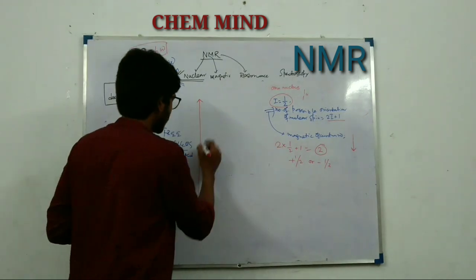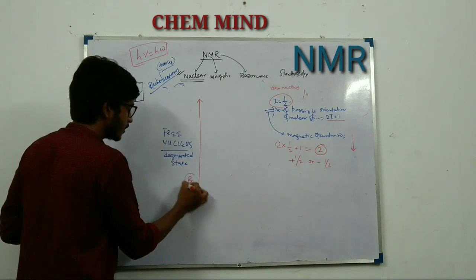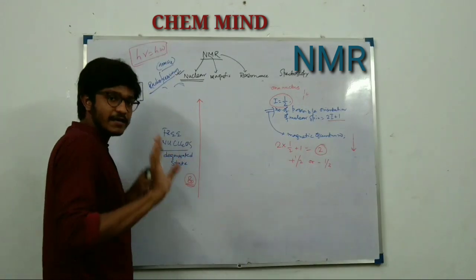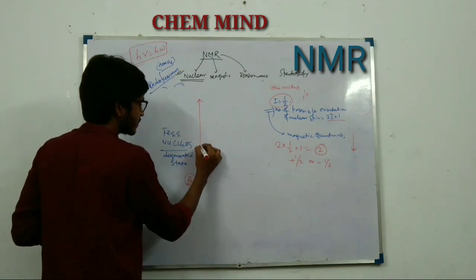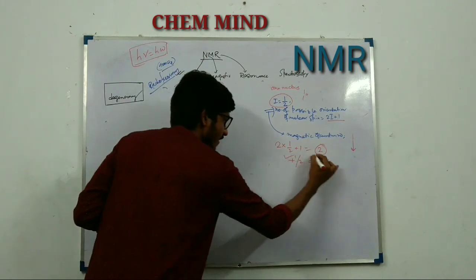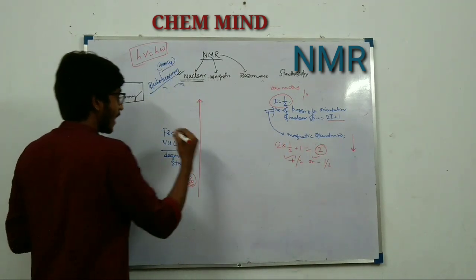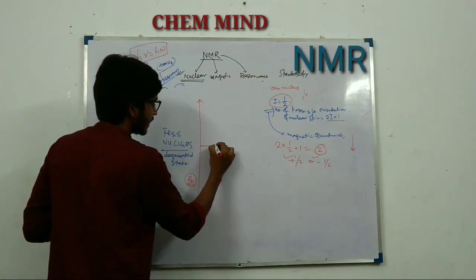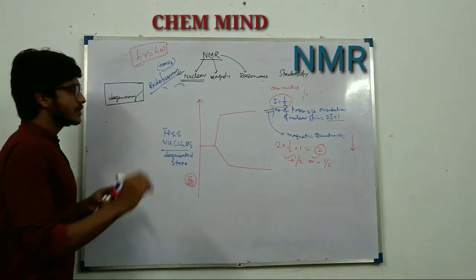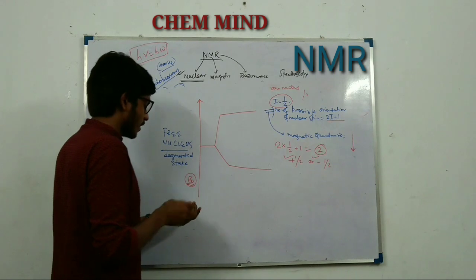If you put an external applied magnetic field, then what happens? The states split into two, either plus half or minus half. The plus half state can go like this, and the minus half like this. This is a very important point.